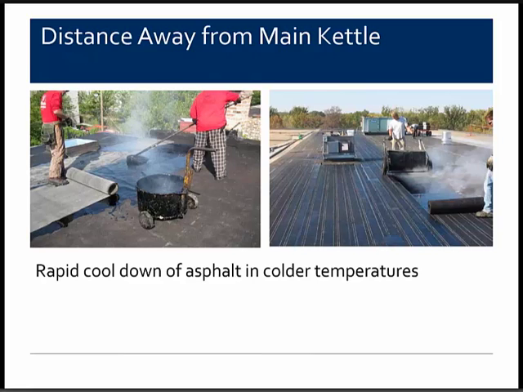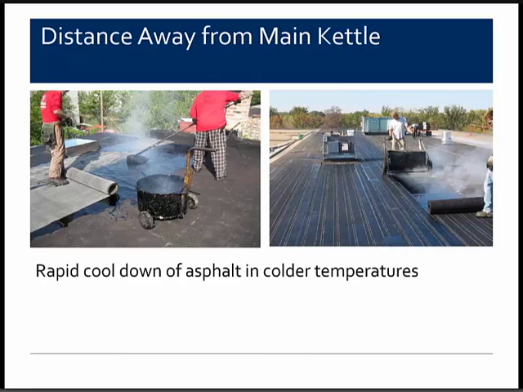Distance away from the main kettle when using hot bitumen should also be considered. The further away from the kettle, the cooler the asphalt will be at the point of application. The bitumen must be at the appropriate equiviscous temperature, or EVT, range at the mop cart or mechanical spreader just prior to application.